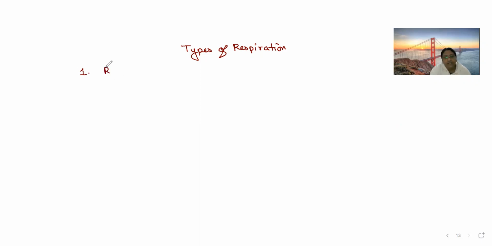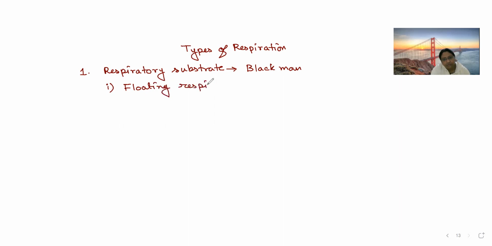Based on respiratory substrate, that is what is used in respiration, as per the classification provided by Blackman, it can be known as floating respiration, or it can be known as protoplasmic respiration. Have you ever heard about these words?